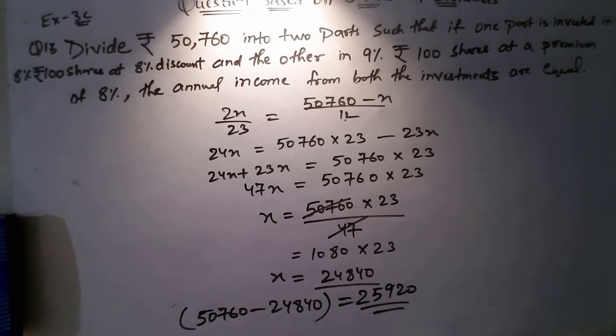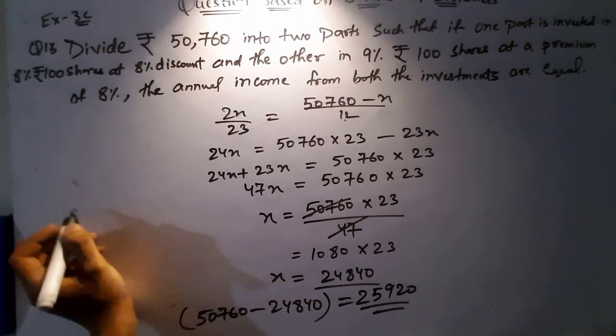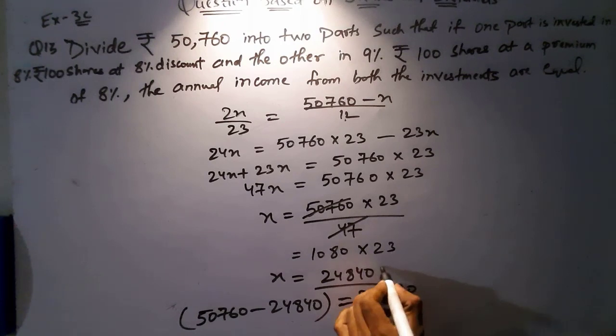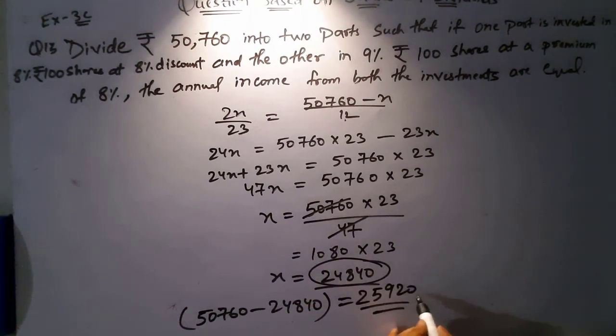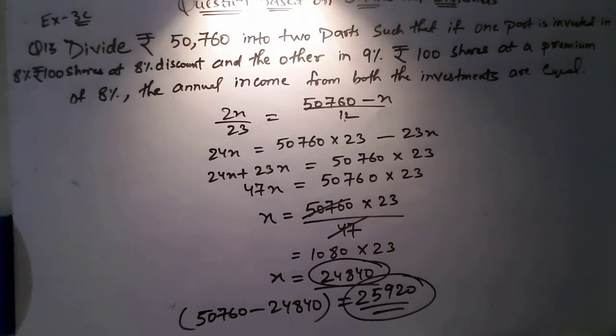So we got the two divisions. First is 24840 and the other is 25920. So these are the solutions.